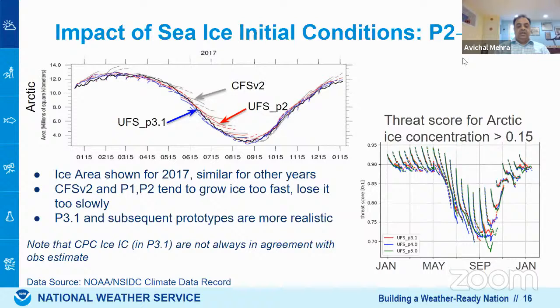And since then, the progress we made with prototype 3 has been sustained in our follow-on prototypes, as shown in the figure on the right, which is looking at threat scores for the Arctic, defined as those points with ice concentration of greater than 0.15.